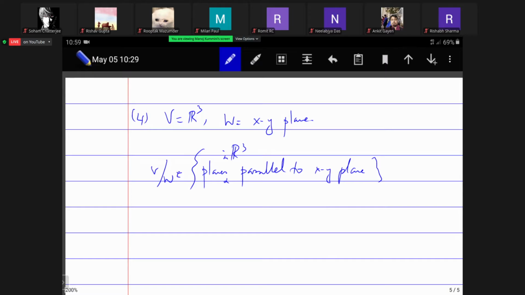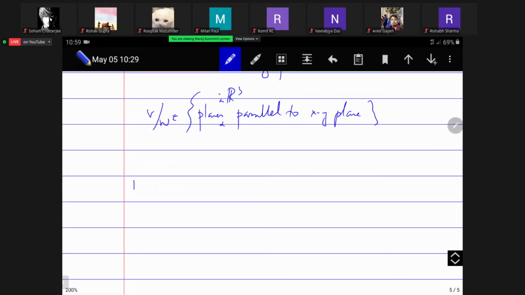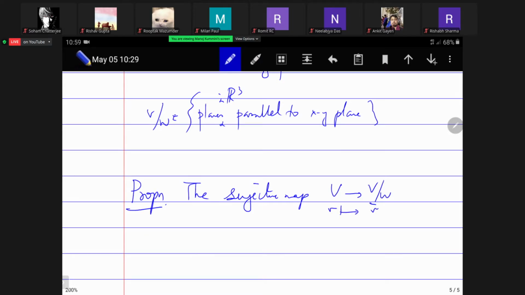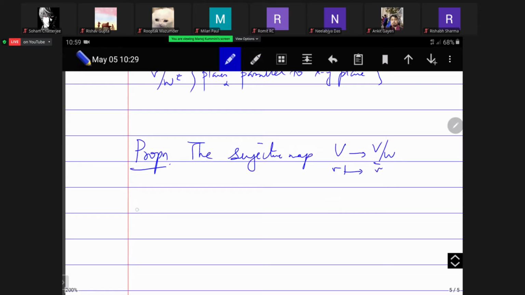Now let us make one observation analogous to the picture in groups. The surjective map from V to V mod W, in which a vector is taken to its coset, is a linear transformation.